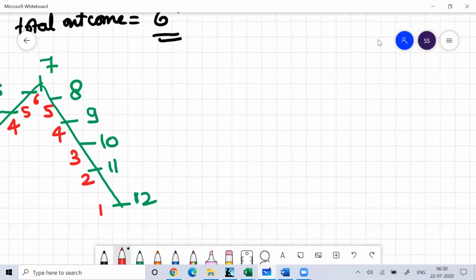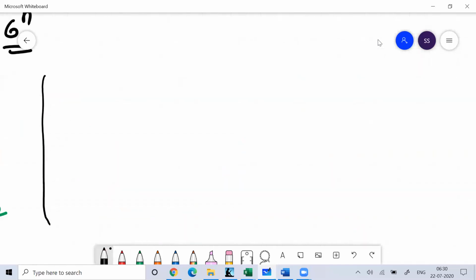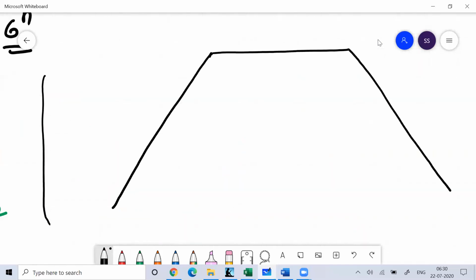Talking about the three dice problem, you can remember it like this.